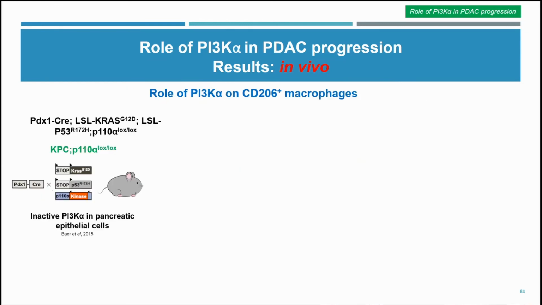So we then wanted to validate the pharmacological inactivation of PI3K alpha with its genetic inactivation and their effect on macrophages. So we used another mouse model. This time it was a KPC mouse model, but with an inactive p110 alpha catalytic subunit.